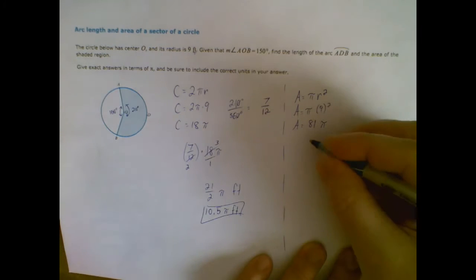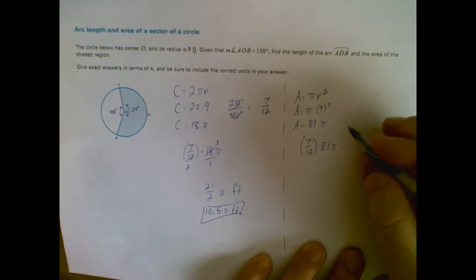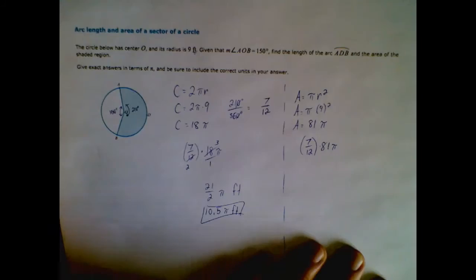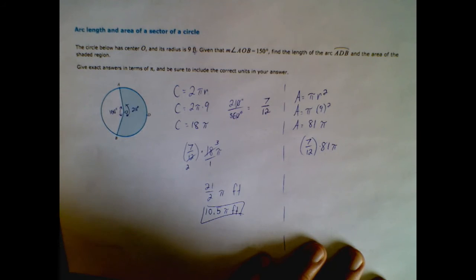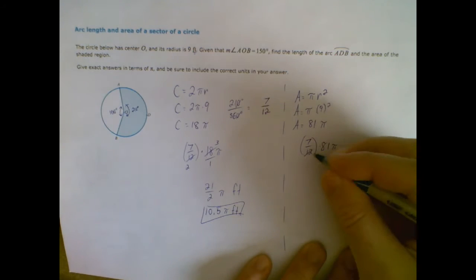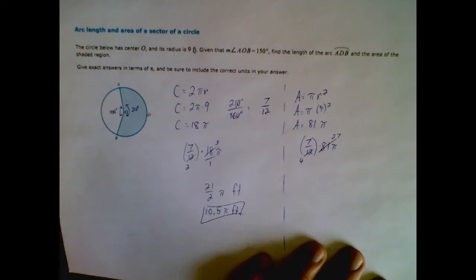So it's still going to be 7/12, so I want 7/12 of 81 pi. This one is a little bit trickier, and I can reduce a little bit. Let's divide by 3. That's my only option here. So that leaves me with 4, and this leaves me with 27.